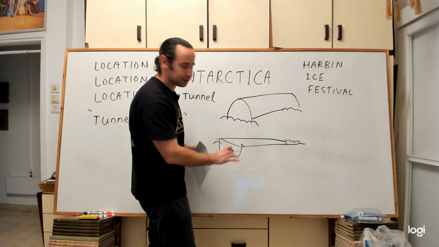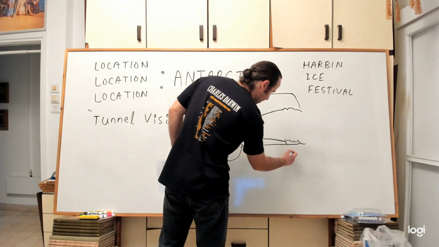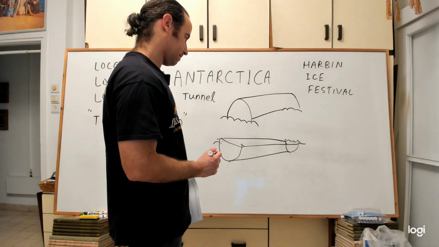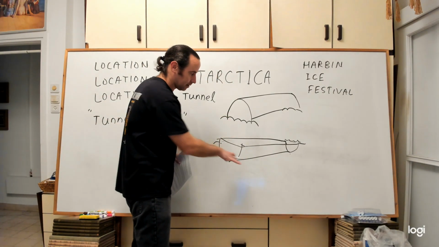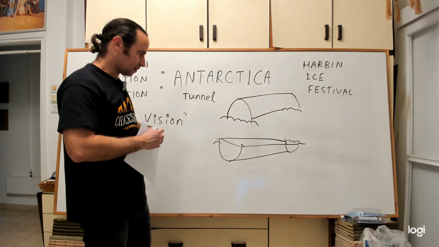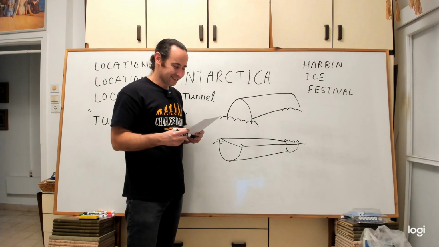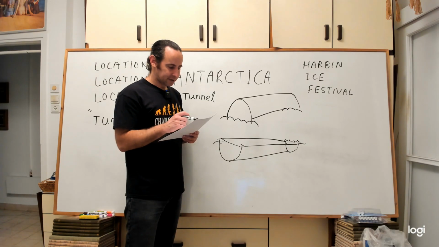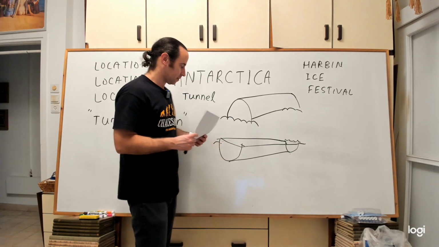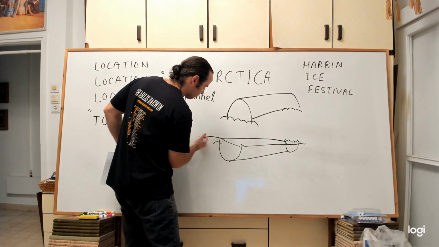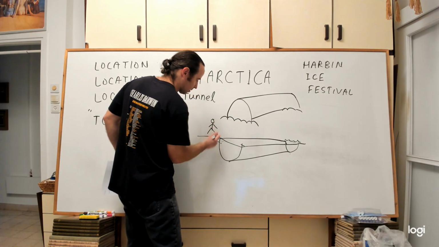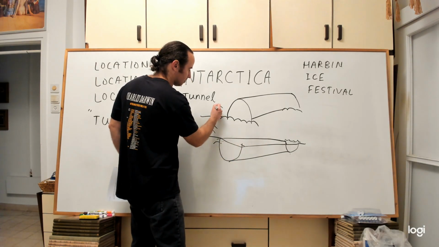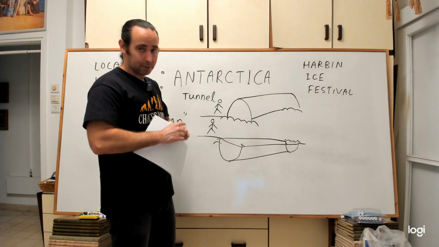This is a tunnel under the snow. You understand? We carved a tunnel down in the snow. I just don't know how to draw. Sorry. Or it can be carved in the existing ice below our feet. If this is the ice level, then this is where the tunnel is, or this is the ice level, and this is where the tunnel is above the ice, or we can combine them.